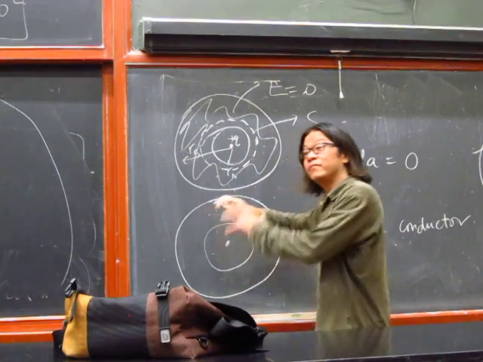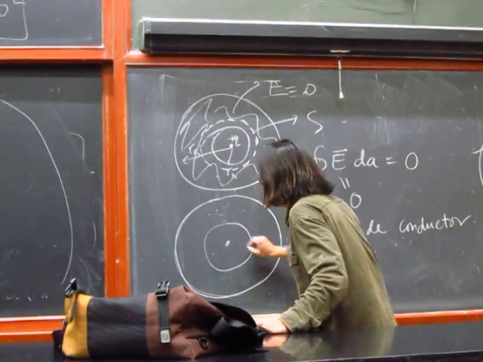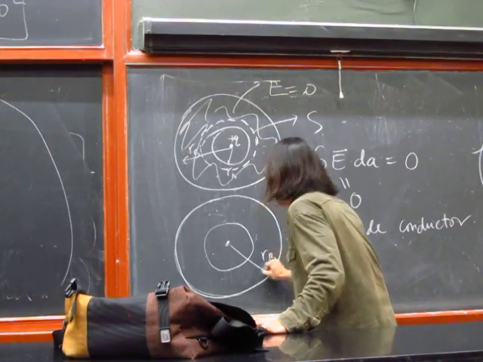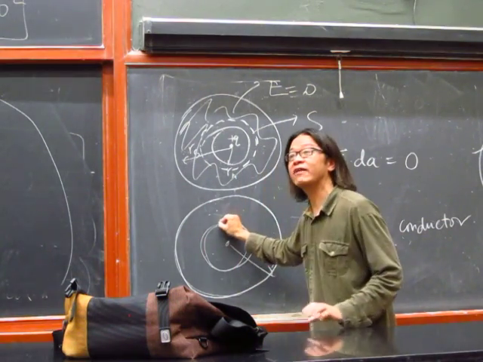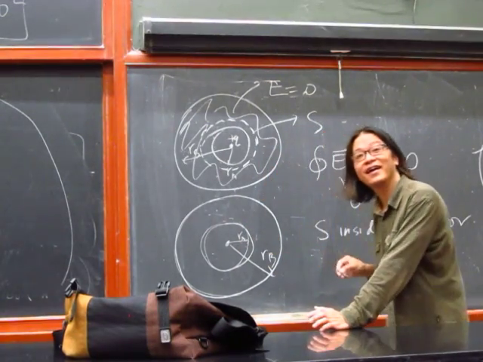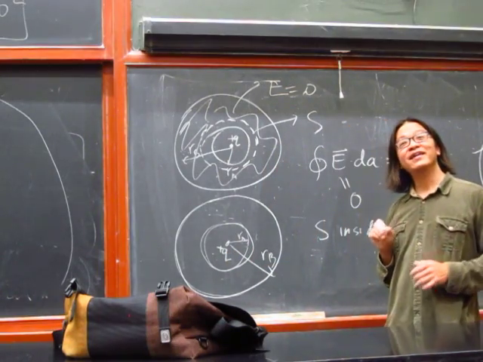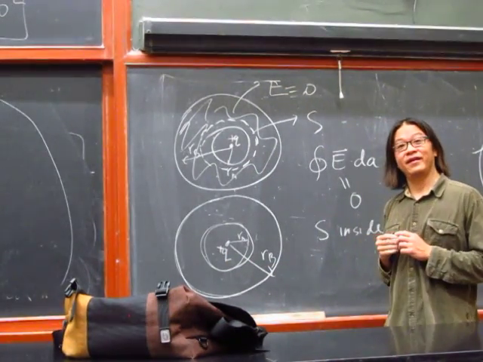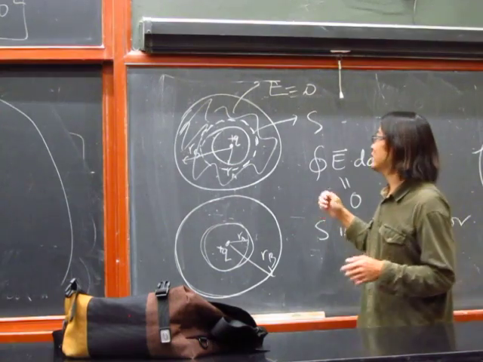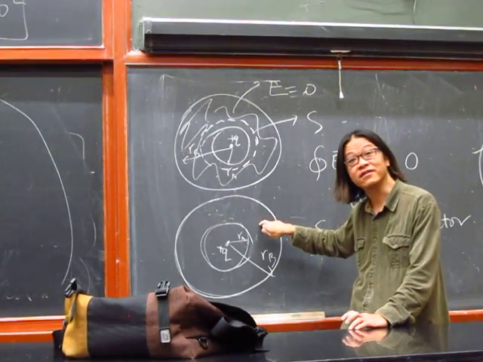If I have a cavity, so I have a sphere of radius RB, and I carve out the inner cavity of RA, and I put plus Q in the middle, what happens? We know that the electric field inside the conductor is 0.